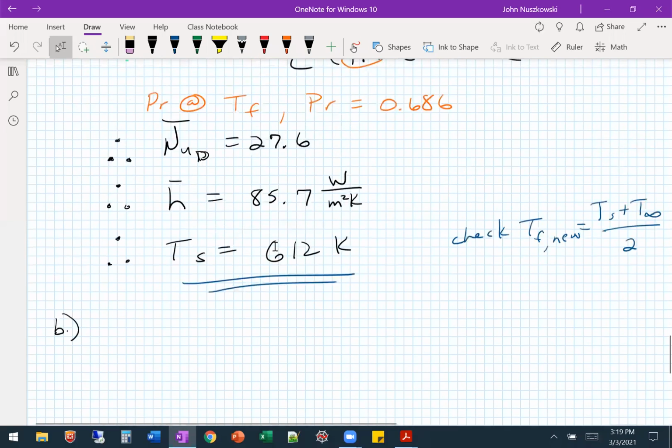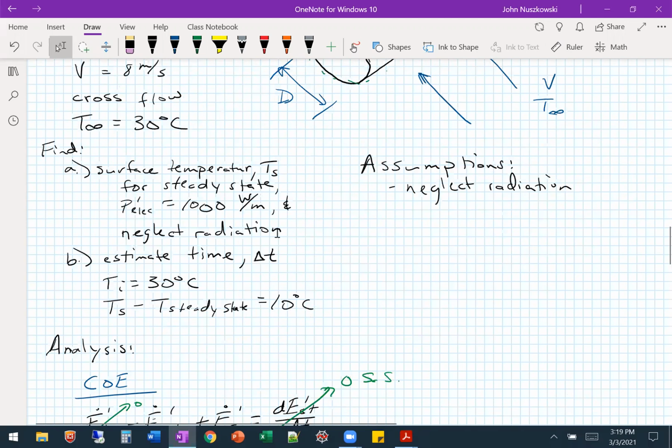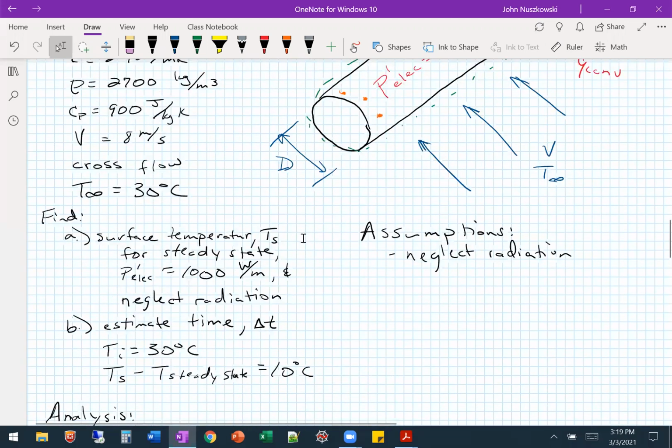So where do we begin with that? What's our first step here? Is this a steady state problem, part B? Or is it a transient problem?